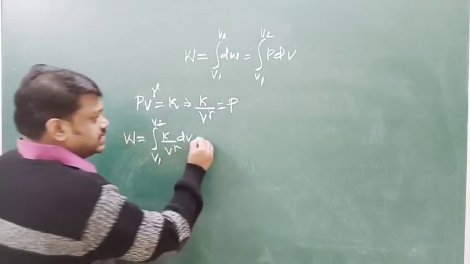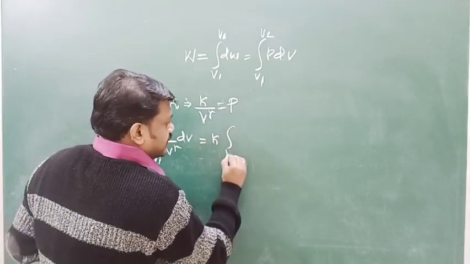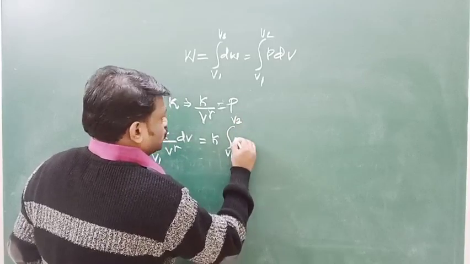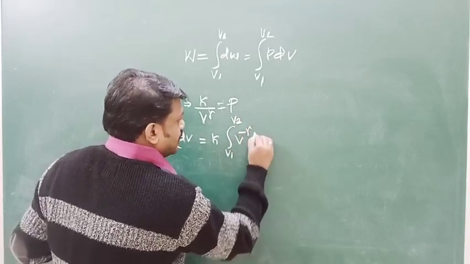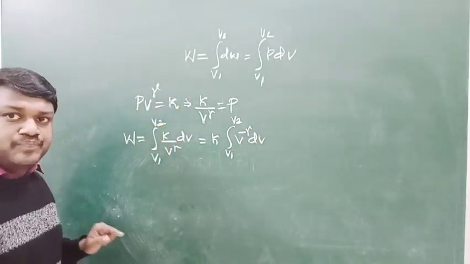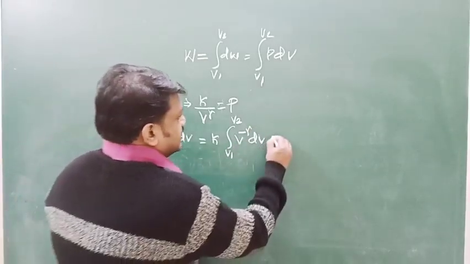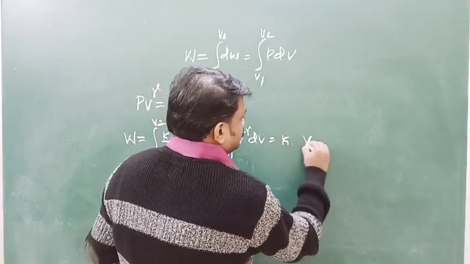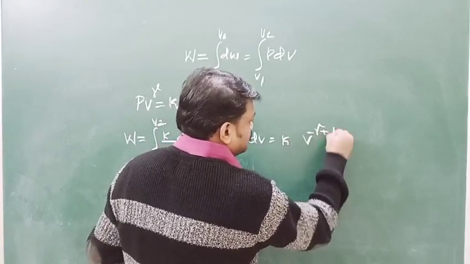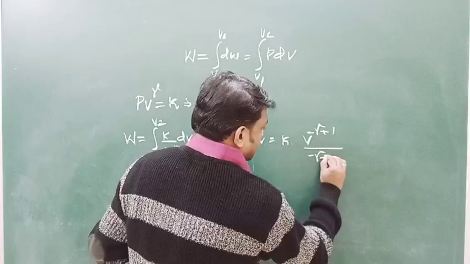Since K is constant, K into integral V1 to V2 V power minus gamma dV. This is in the form x to the power n dx, that is K into V to the power minus gamma plus 1 divided by minus gamma plus 1.